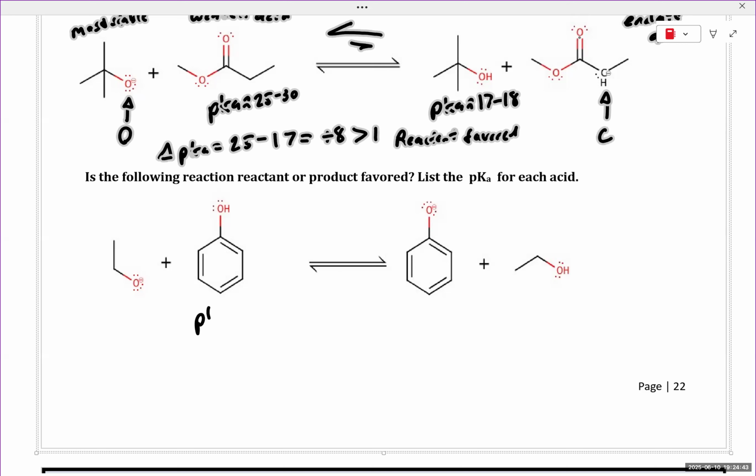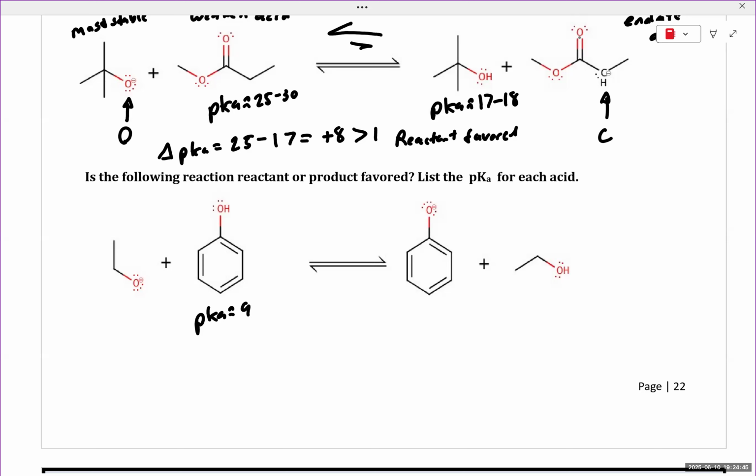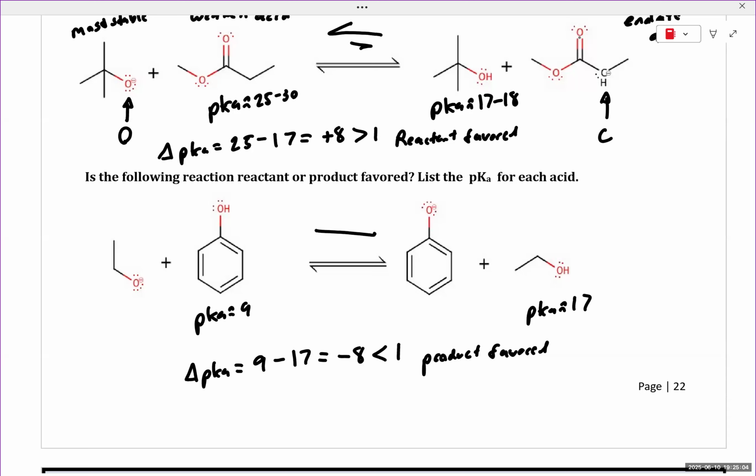Okay, so phenol has a pKa of around 9. This secondary alcohol has a pKa of around 17. So if we think about it in terms of calculating the difference in pKa, 9 minus 17 gives us negative 8, which is less than 1. So this reaction is product favored. This makes sense.